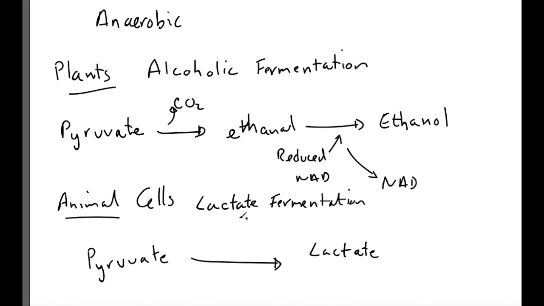So a reduced NAD comes in, taking an oxidized NAD out. Okay, remember oxidization is loss, OIL RIG. So this is an oxidized NAD, and it goes back to starting the glycolysis, so then that 2 ATP net gain can be made.